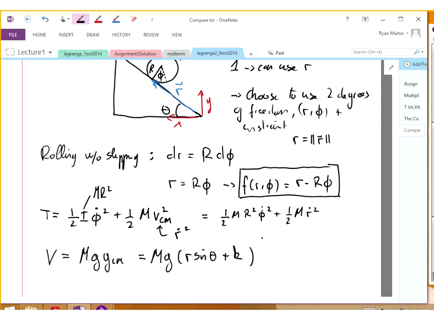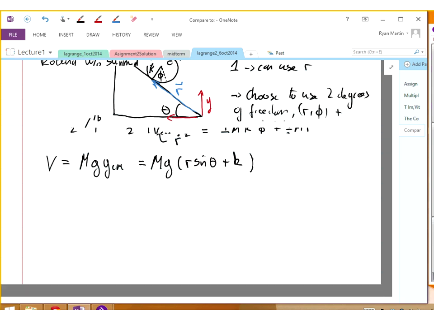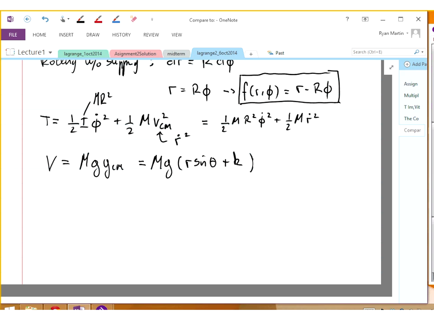So when we do ∂L/∂r of mgr sin theta plus k, since k is a constant, the k is actually going to drop out. And we'll see later when we look at the properties of the Lagrangian that one can always add a constant term to the Lagrangian without changing the equations of motion. And so I'm just going to put the k in, but I know it's going to disappear right away when I take the derivative, so I'm not even going to bother figuring out what k should be equal to. I hope you find that acceptable.